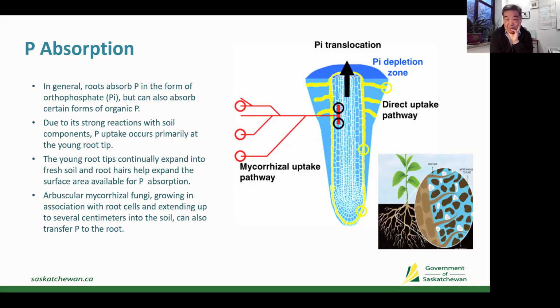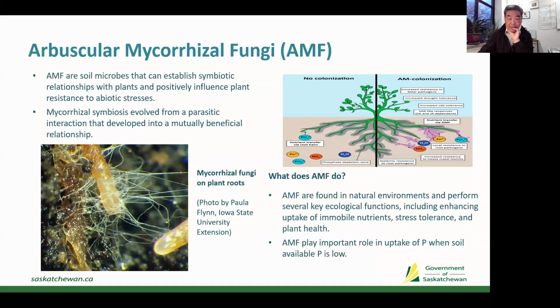You probably know them really well. They grow in association with root cells and extend up to several centimeters into the soil, which helps to transfer P into the root system. We'll spend a couple of minutes talking about AMF.